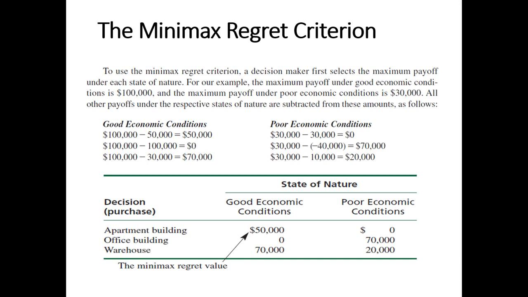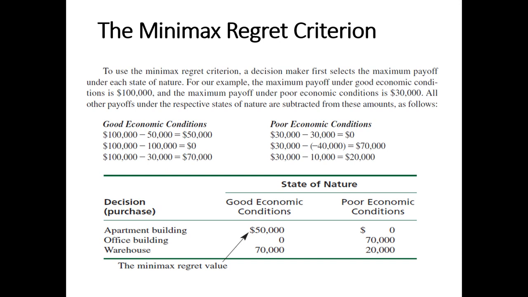$70,000. When the economic condition is poor, again we follow the same step. In the case of apartment building, we get the maximum profit, which is 30,000. So we subtract the actual value from the highest. 30,000 minus, and this is a loss already.